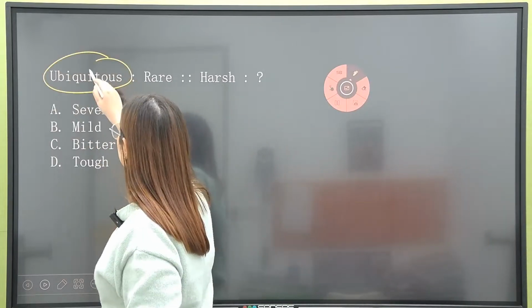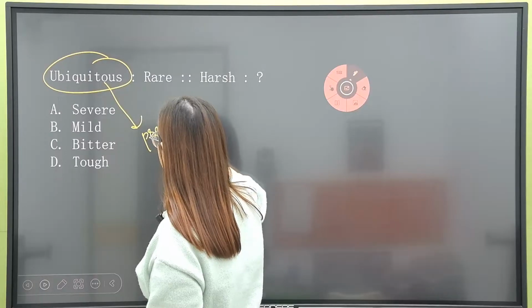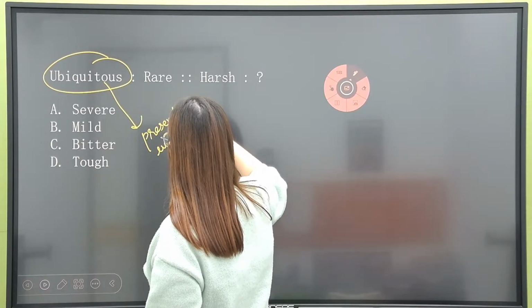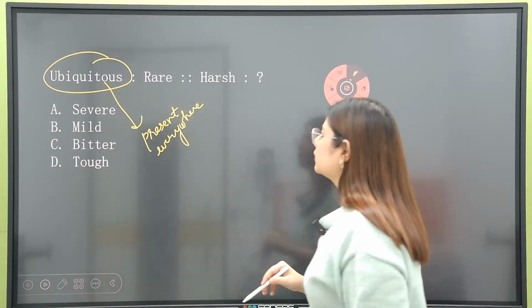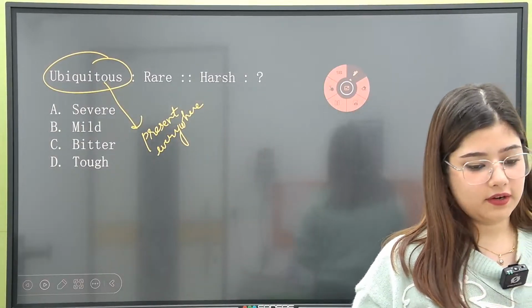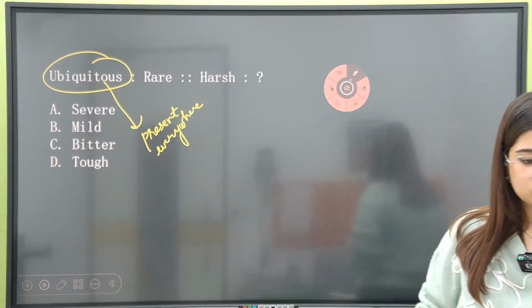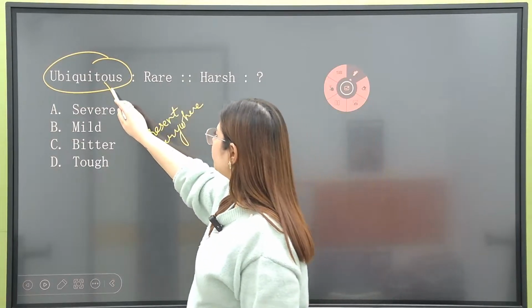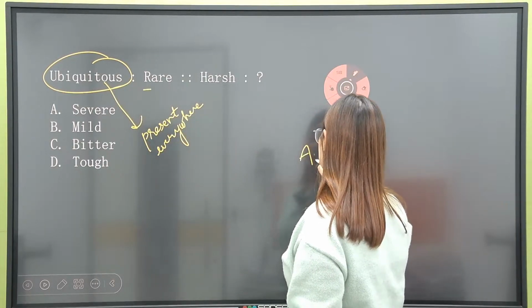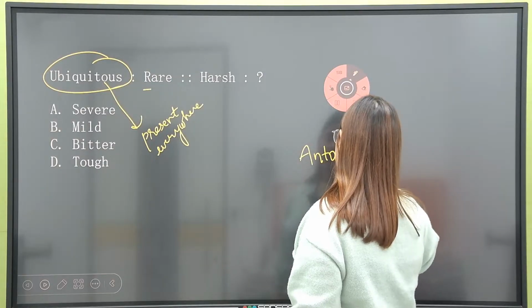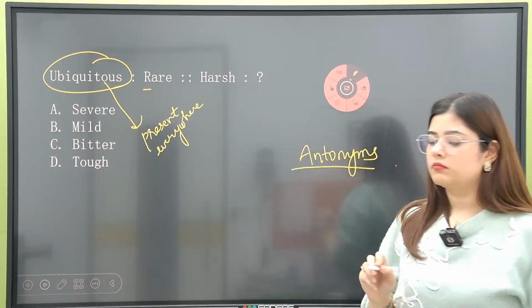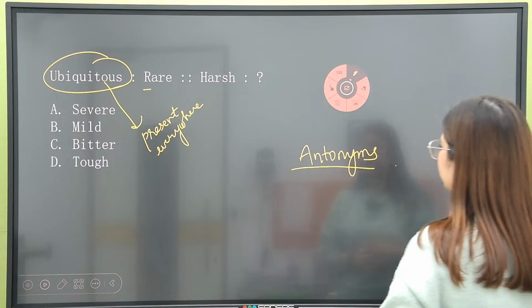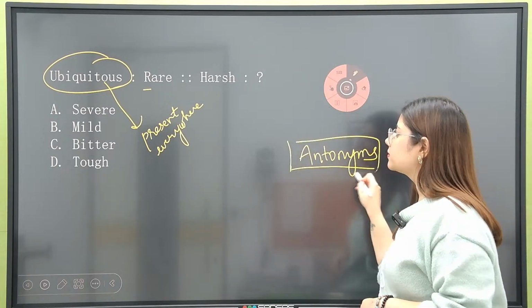Ubiquitous is something which is present everywhere. So, the relationship between ubiquitous and rare is that they are antonyms.